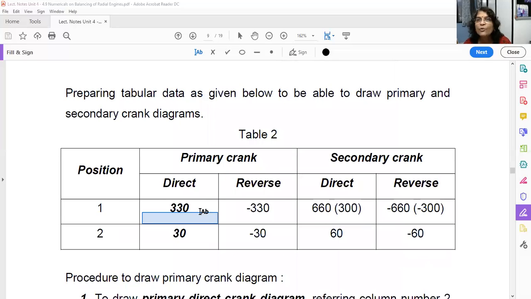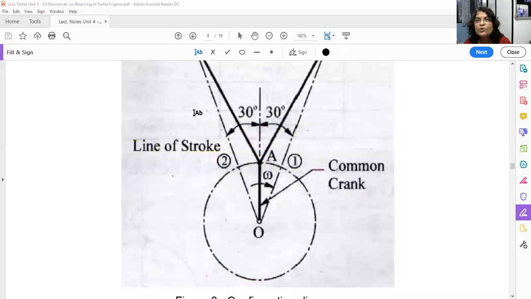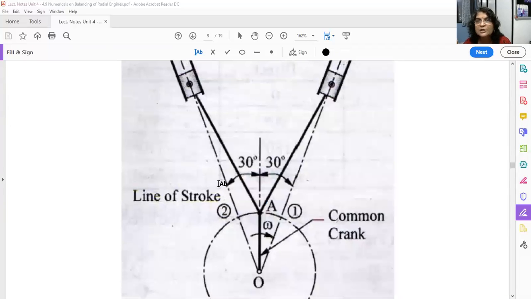Now, for cylinder number 2, this is your line of stroke. So m/2 is at the line of stroke, and I have to keep this m/2 at the crank pin. As it is a direct crank, I have to rotate this m/2 through how much angle, so that it is kept here in the direction of rotation, that is clockwise?